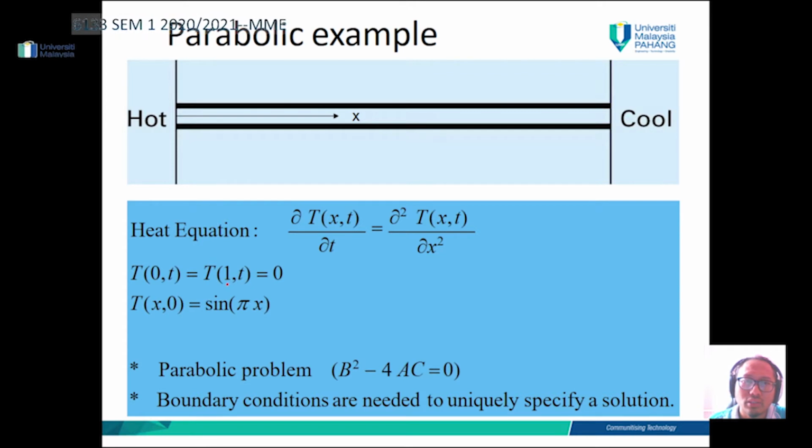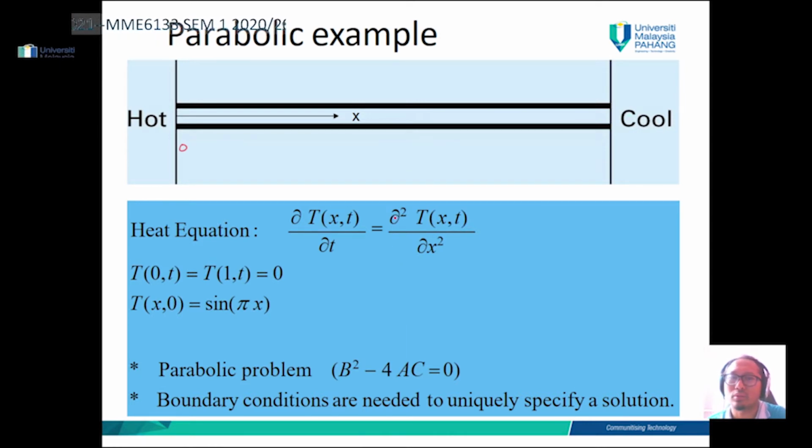We are given an initial condition, T(x, 0) equal to sine pi x. This is a parabolic problem when b squared minus 4ac is equal to 0, and the boundary conditions are needed to uniquely specify a solution.